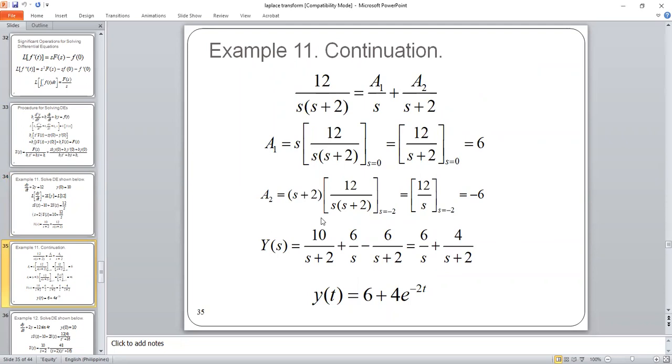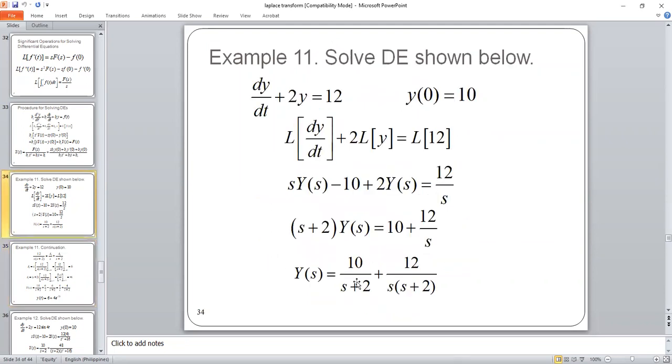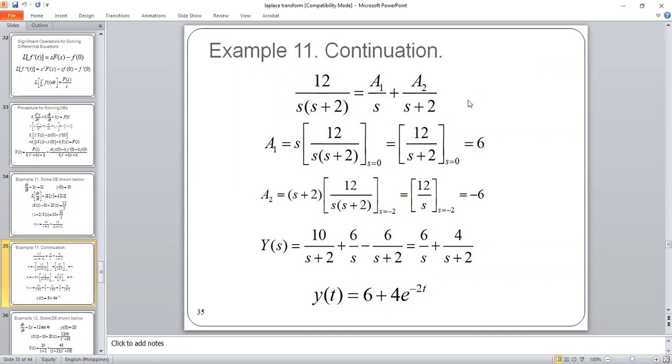Now the 10 over s plus 2 was copied from here. And this 12 over s times s plus 2 was replaced already by the sum of its equivalent partial fractions. So you have 10 over s plus 2, and you have here 6 over s and -6 over s plus 2.